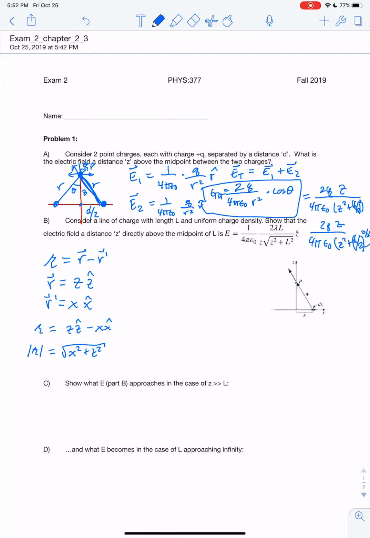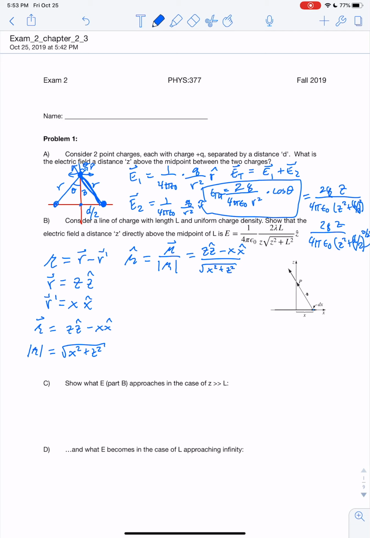And then the direction, the little unit vector pointing this way, is by definition r hat, and that's just the script r vector divided by the magnitude of the vector. Okay, and that just normalizes it to be a unit vector. And so that's going to be our r hat: z hat minus x hat divided by the square root of x squared plus z squared.